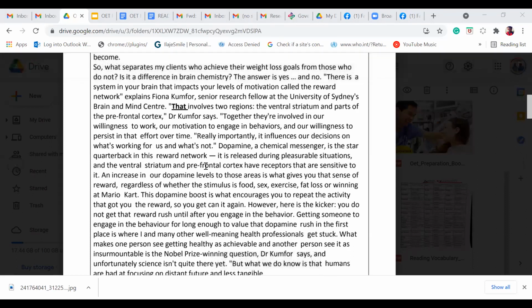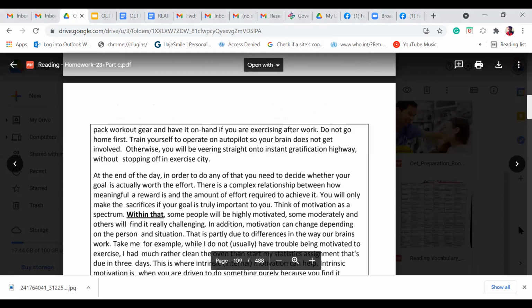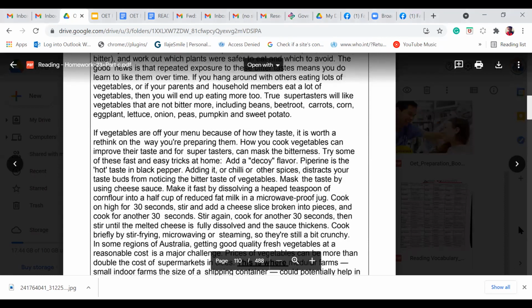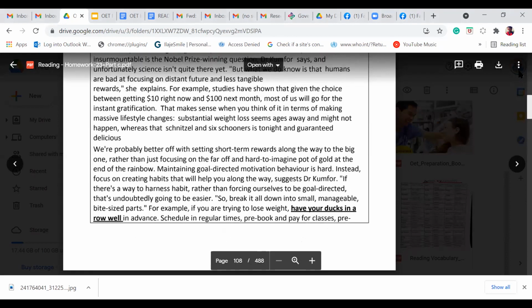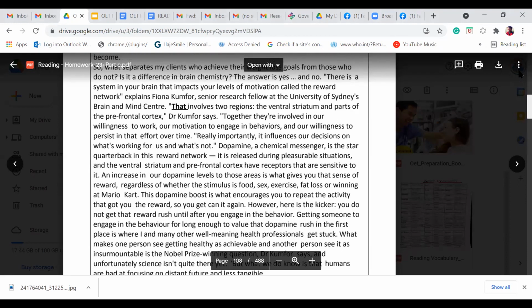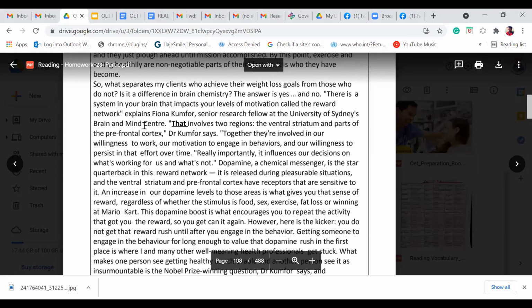So the word D, is it D or that? In the second paragraph, the word D referred to. So let's look for the word they're talking about here.